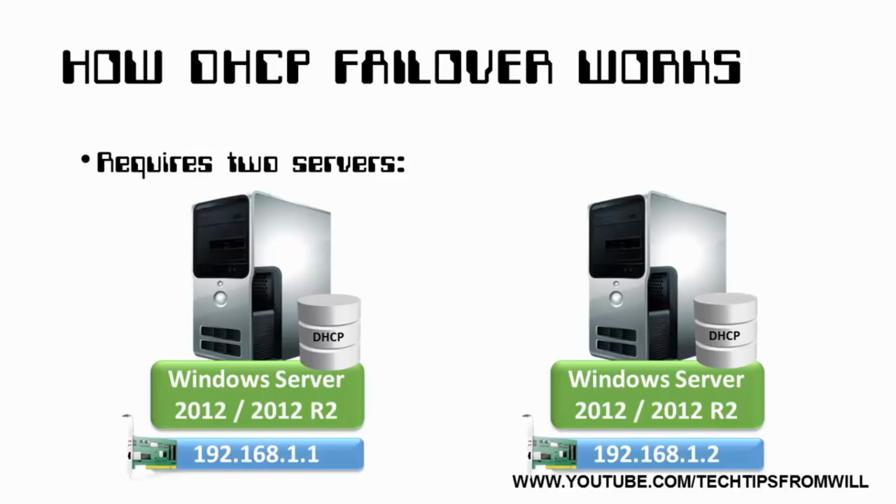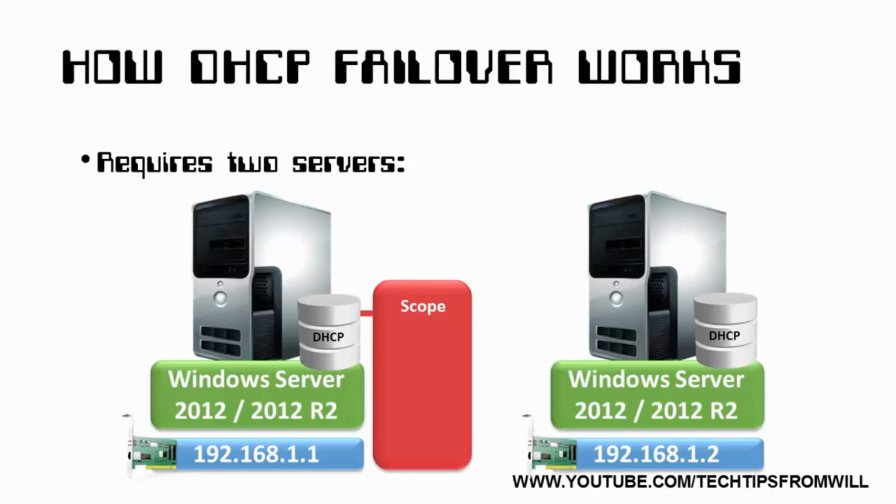Any DHCP configurations you make will be stored in the server's local database. However, this time, rather than create two smaller scopes, one on each server, you will instead create a single scope on one of the DHCP servers.